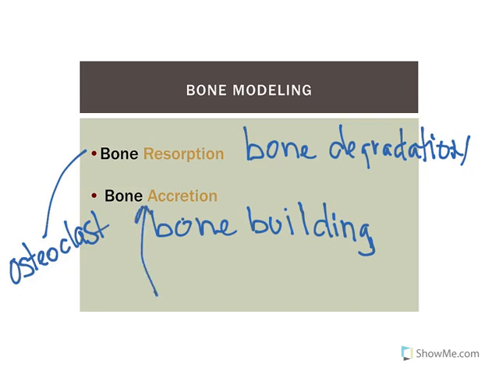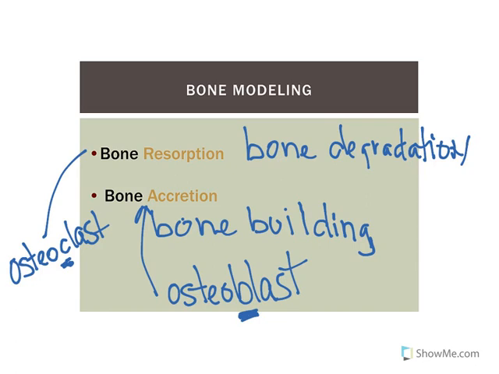Bone accretion would be our osteoblast. So osteoblast is our builder. Osteoclast, think C for catastrophe, you're breaking it down, like catabolic type reactions, where things are being broken down.